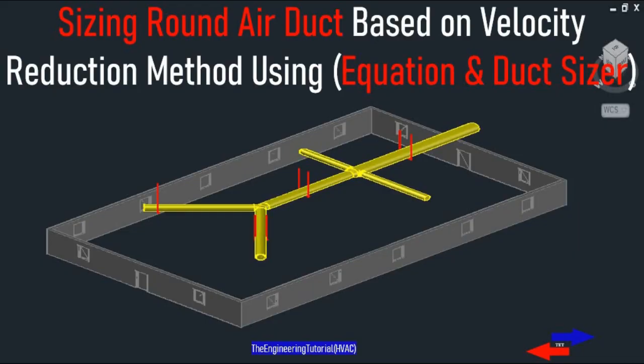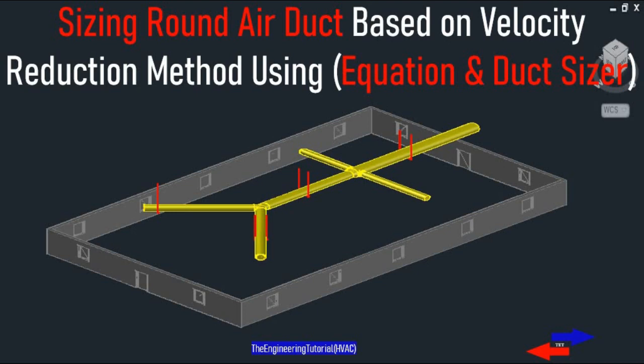In this video I'll be talking about the velocity reduction method and sizing round air duct based on recommended and maximum velocities for residence. The velocity reduction method is used for sizing air ducts. It allows us to select suitable velocities for sizing ductwork.